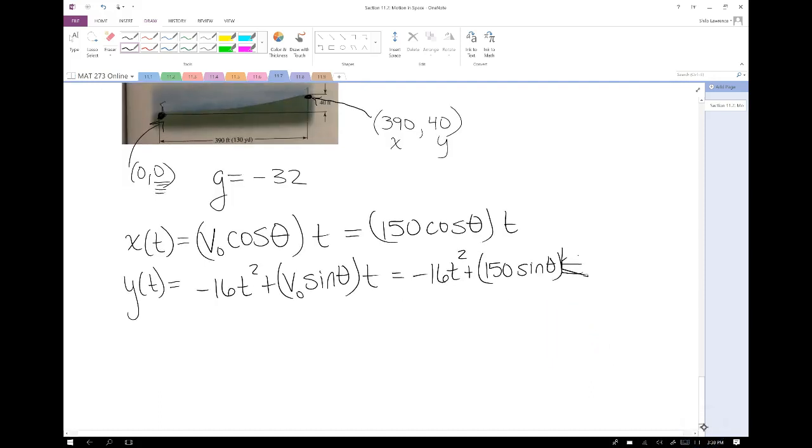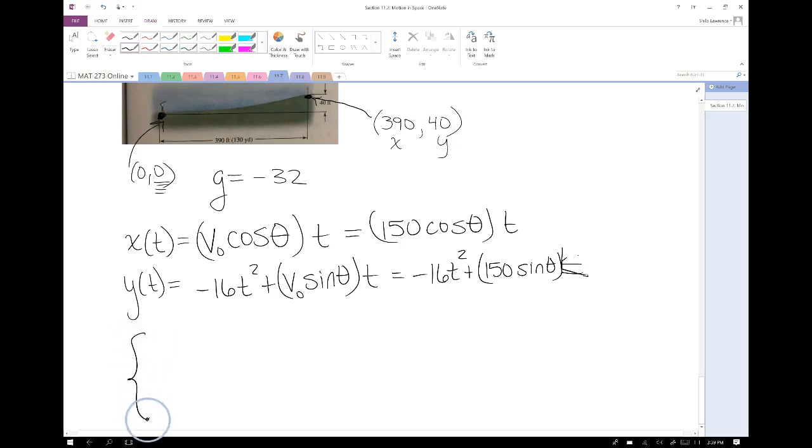We have a desired landing point for this ball. So since the hole is 390 feet away horizontally and 40 feet away vertically, we can set our x and y components equal to those values. We want these two things to happen simultaneously. In the time it takes the ball to travel horizontally 390 feet, we also want it to travel vertically 40 feet.